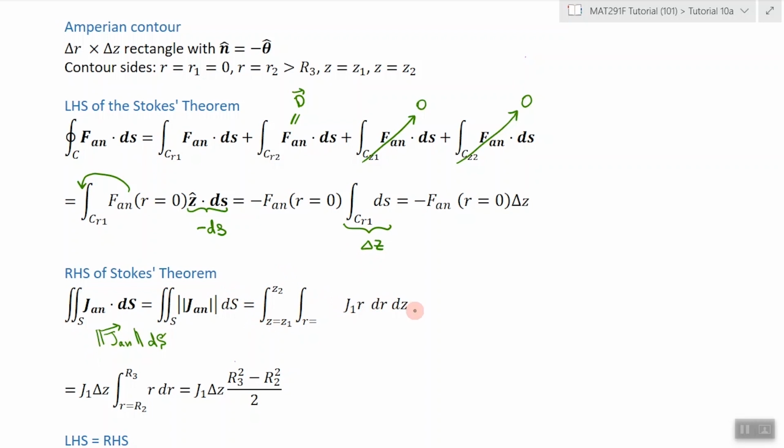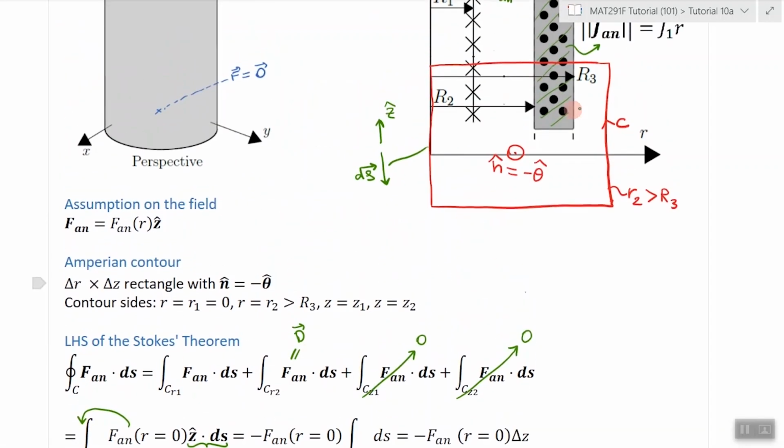Next is to actually integrate. So we have, again, dr dz. This is the magnitude of this J. Bounds on z are the bounds of the contour, so from z1 to z2.